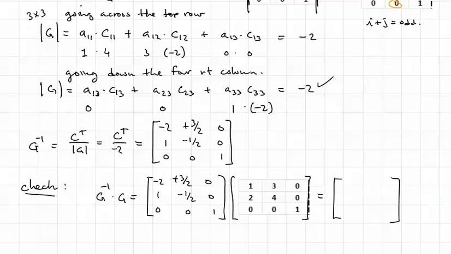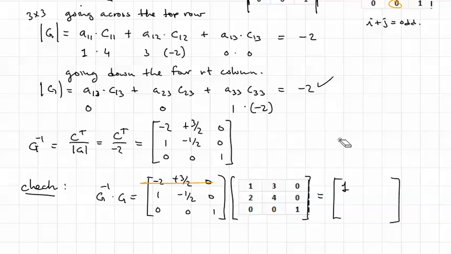Alright, here we go. So let's determine the 1, 1 term. We're going to go across and down. So we will have minus 2 times 3, or minus 2 plus 3 halves times 2. And that will give us minus 2 plus 3, which is 1. And that's what we would like to see there.